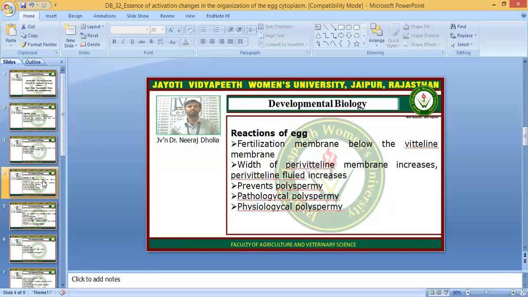So what is the physiological polyspermy? In the physiological polyspermy, more than one male gamete will enter the egg, but only one male gamete will survive there, and the rest of the male gametes will dissolve or die in the egg cytoplasm. Okay.